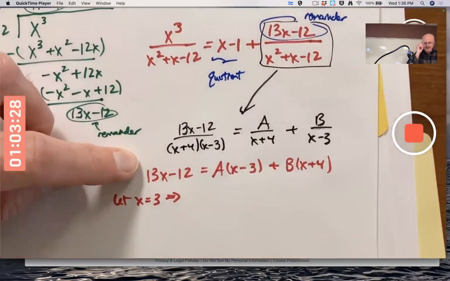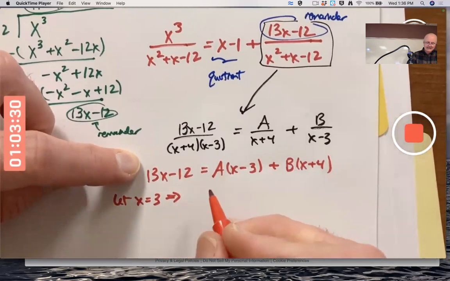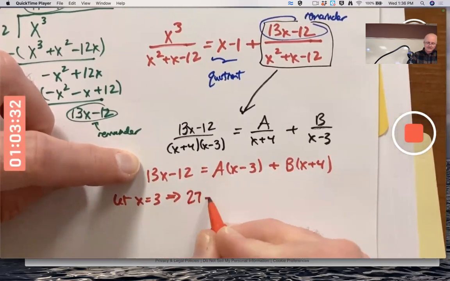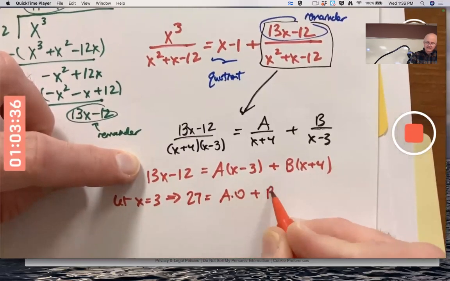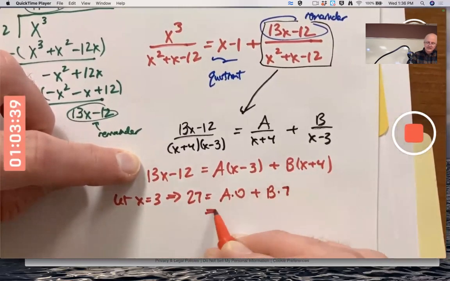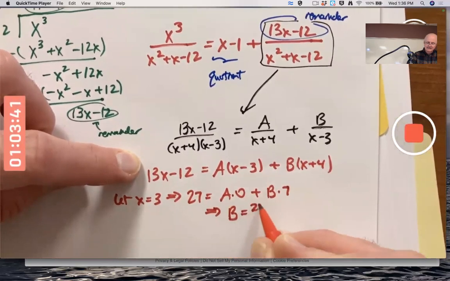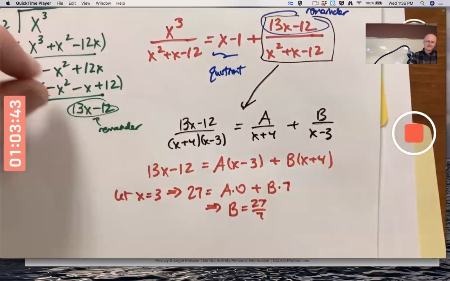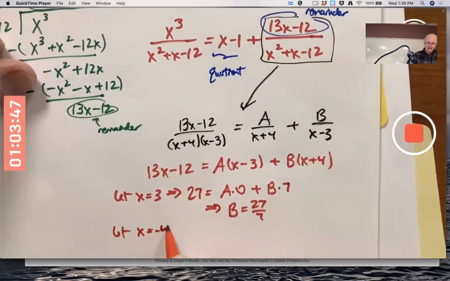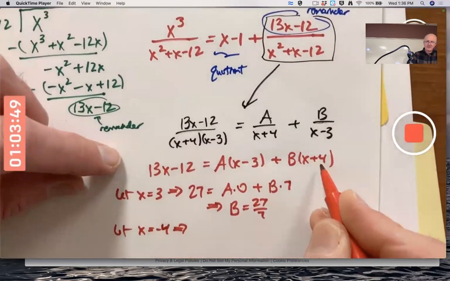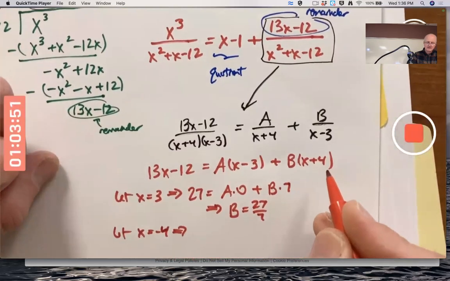If x is 3 on the left, 13 times 3 is 39, minus 12 is 27, equals a times 0 plus b times 7. So b is 27/7. And if you let x equal negative 4, to make that one 0, right there.